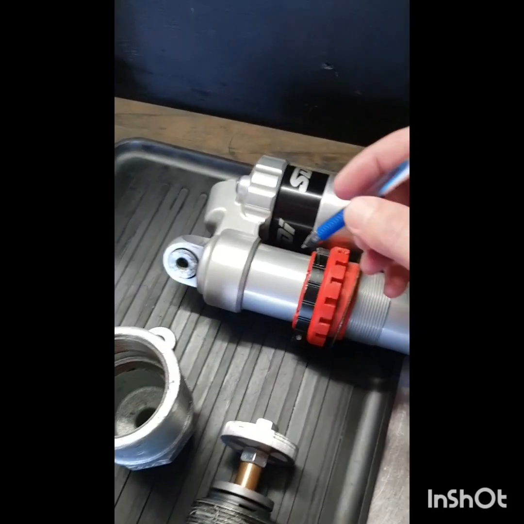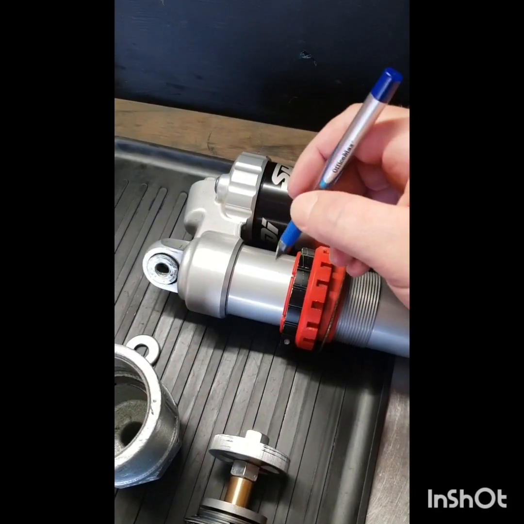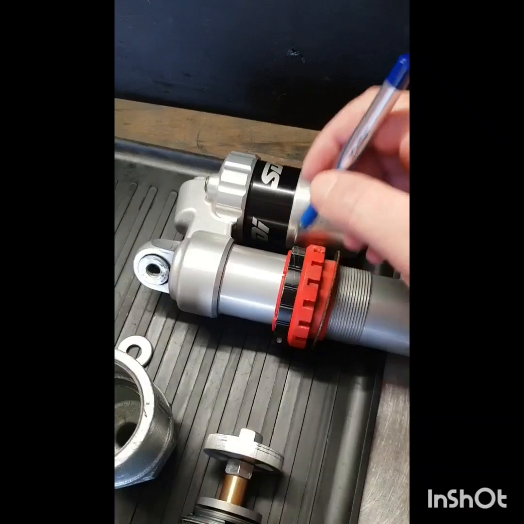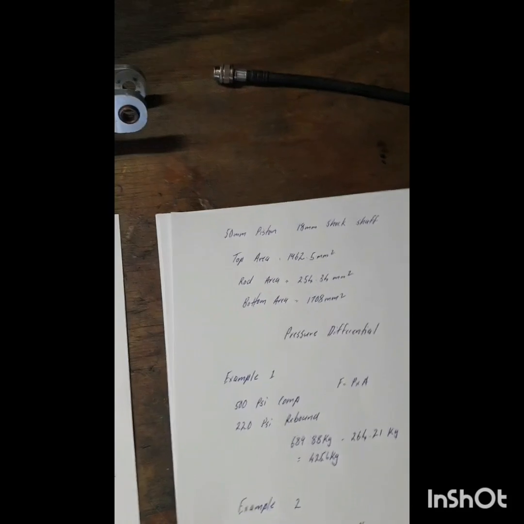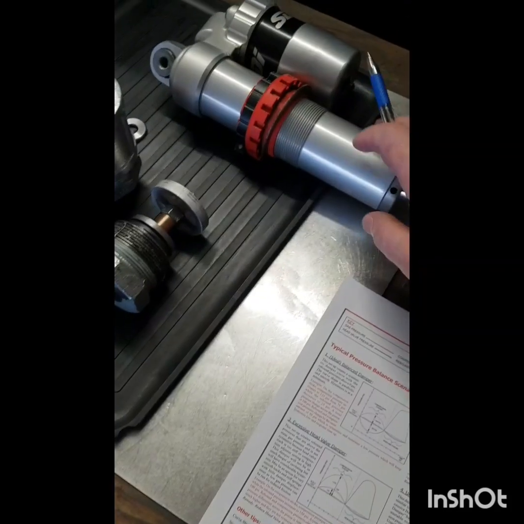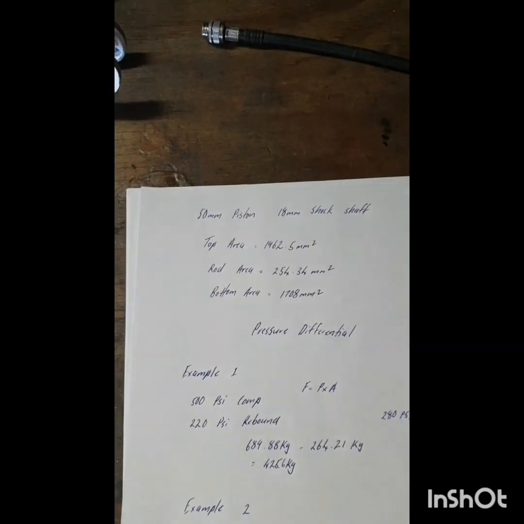And so we're going to talk about how that force is generated, or how the pressure is generated and how that influences the force. So over here we can see we've got some numbers. This is just for this 50 mil WP shock with the 80 mil shock shaft. So we've just worked out the areas.